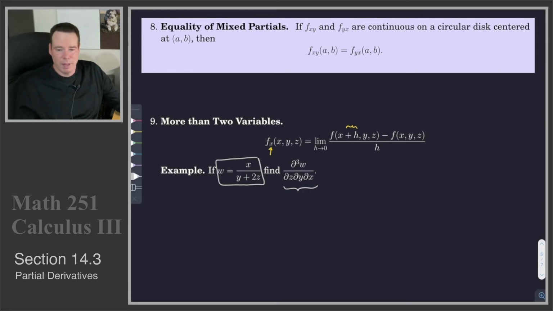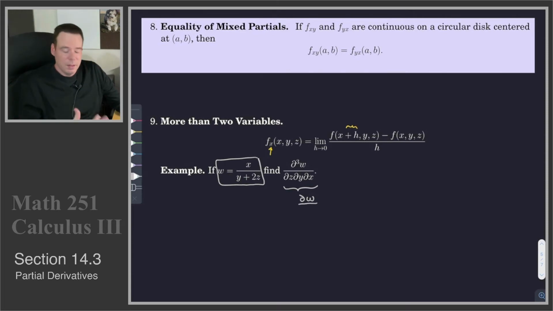Now here order matters. We have to remember which derivative happens first, which one happens second, which one happens third. So the way we can think about this, again, you might want to think back, do we read this one right to left or left to right? But the other way to think about this is, how would we actually construct this?